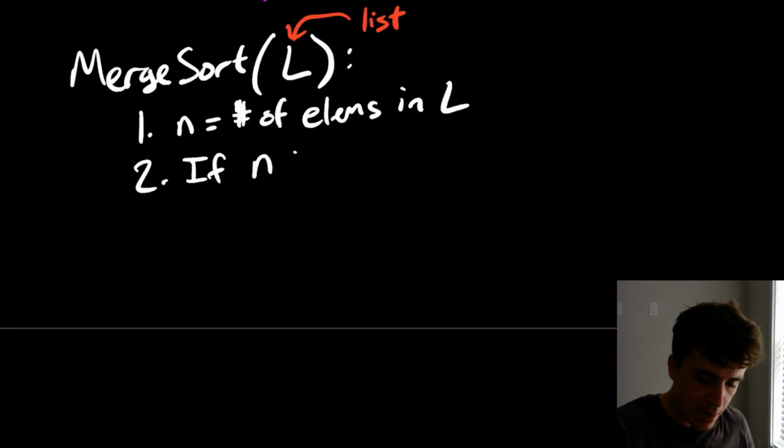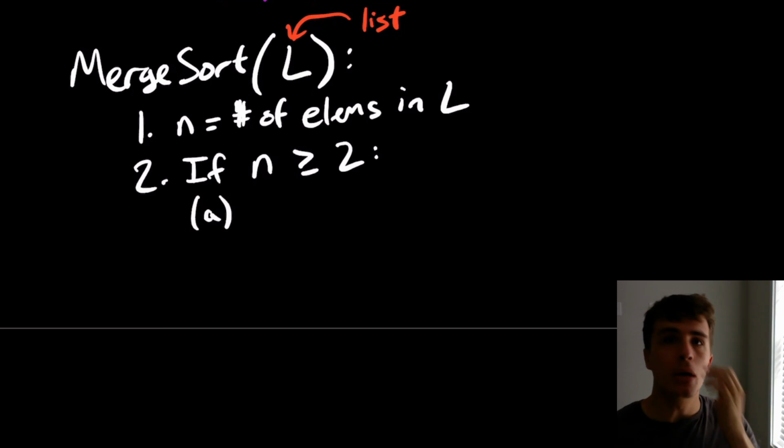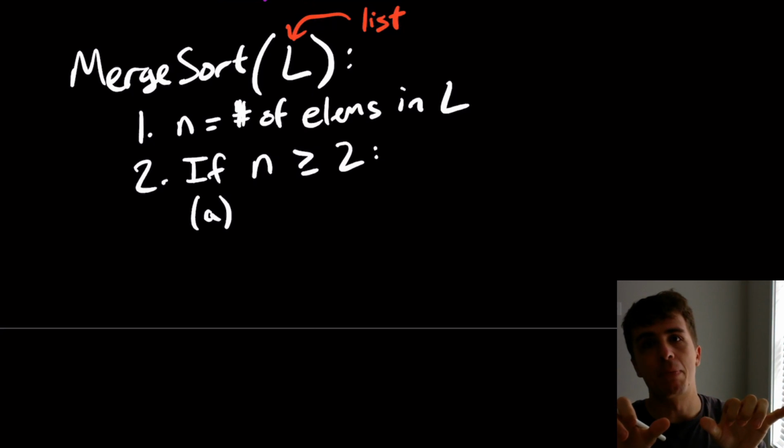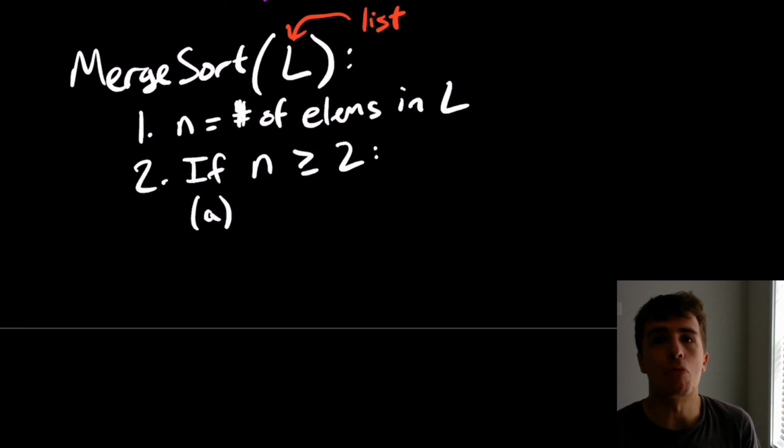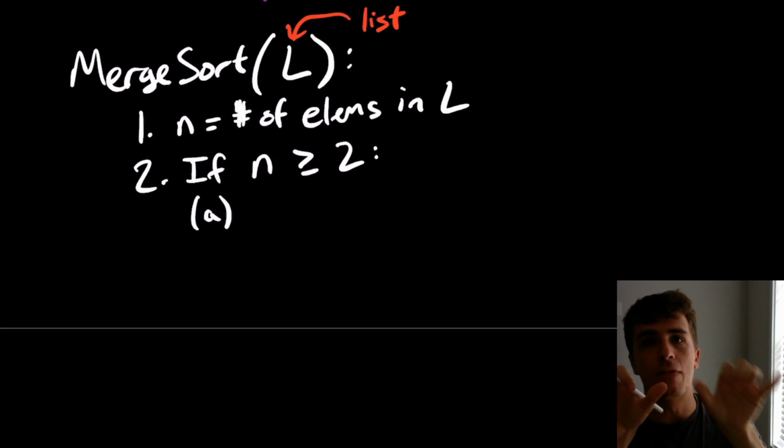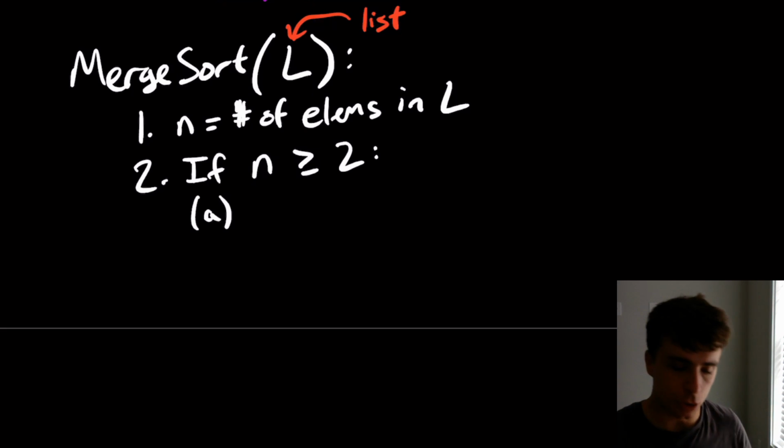So if n is at least 2, I'll just say it that way, then what we need to do is to recurse on both sides, because I want the first half to be sorted and the second half to be sorted so that I can merge them together. And we're assuming by recursion that each of the pieces is actually sorted.